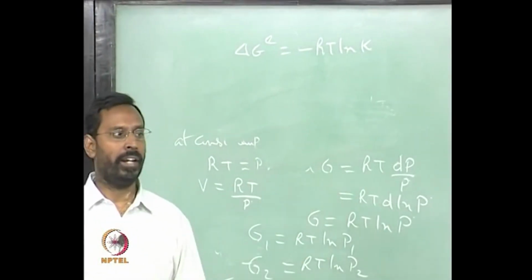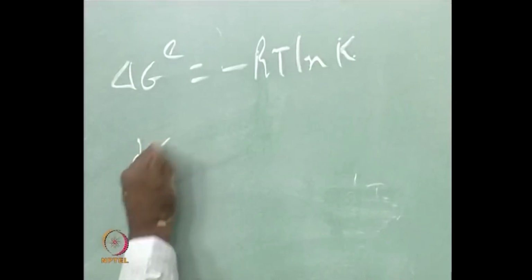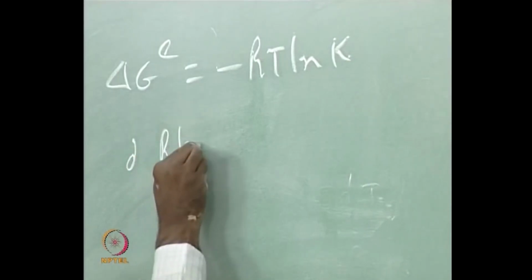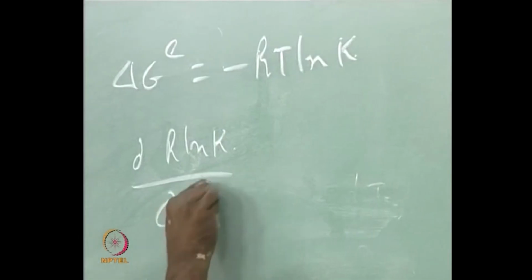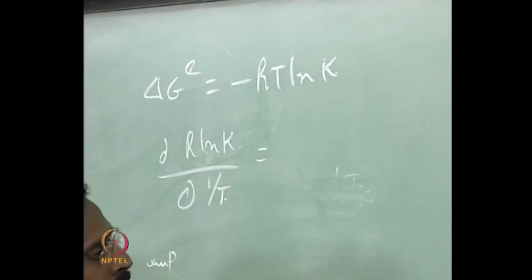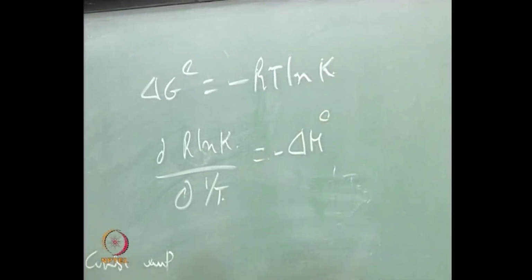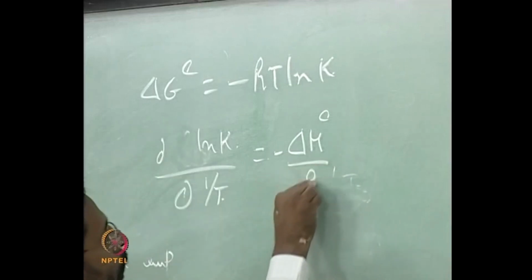if you put that into that, you will see that dou delta R ln K by dou of 1 by T is equal to delta H naught minus, and in principle this R can be brought out and R can come out here.